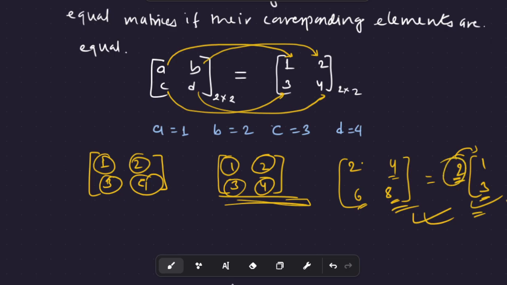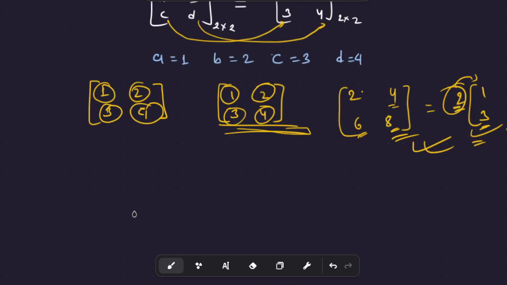That means what you have to understand is, for two matrices to be equal, the corresponding elements must be equal. If one matrix is represented in the form of multiplication with another value, another scalar, then those two matrices will not be equal. For example, if here is 1, 2, 3, 4, and here is 1, 2, 3, 4, but it is multiplied by k, like 2, then it will not be equal.